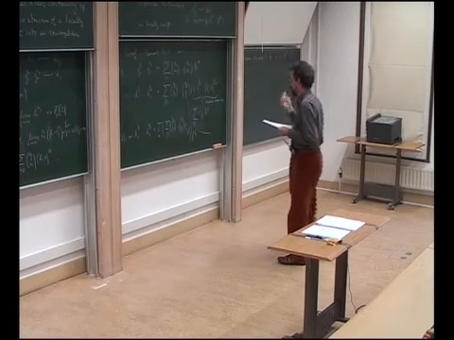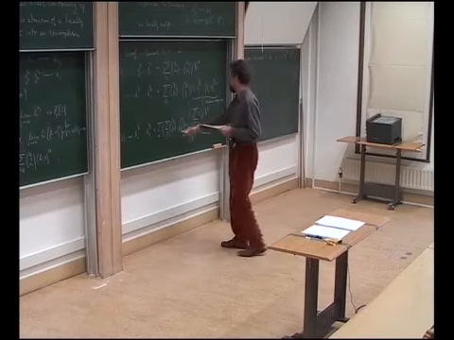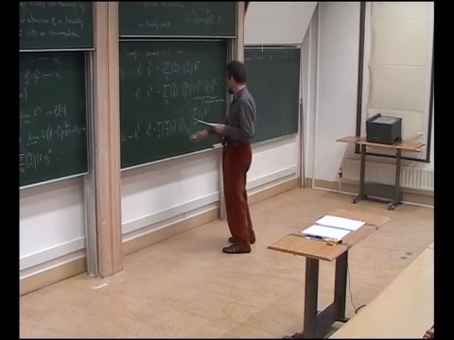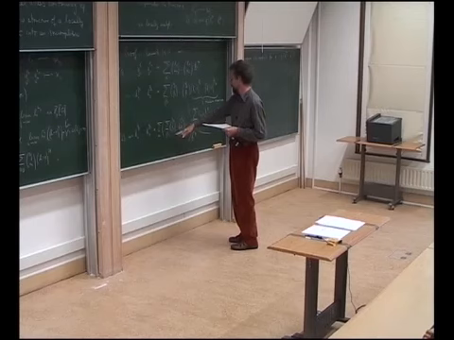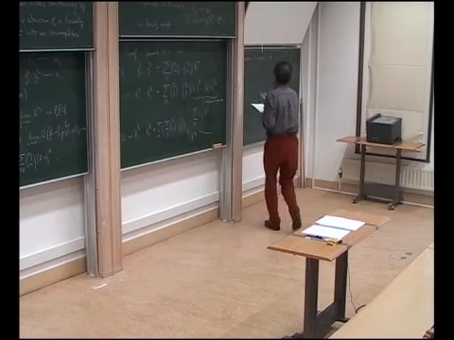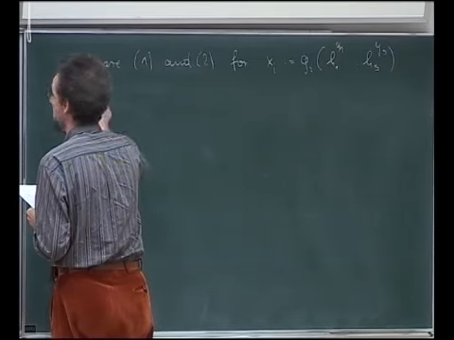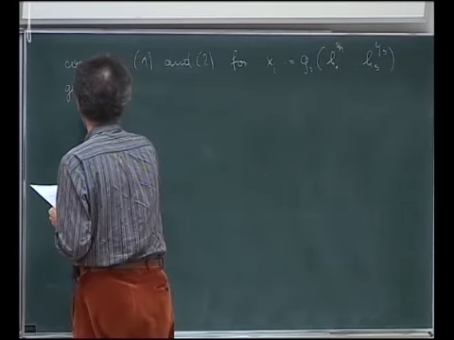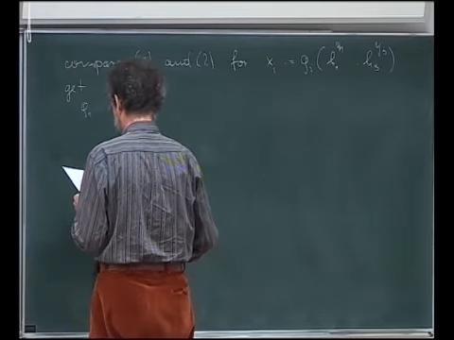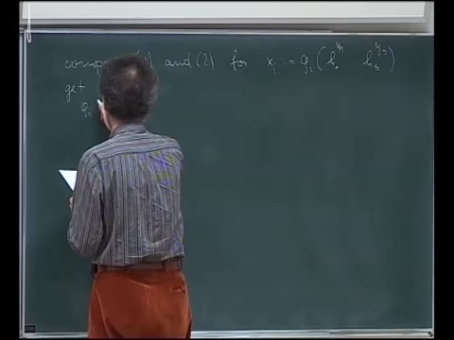Then by definition of the coordinate functions, the left sides are equal with choice of x. And so the right sides have to be equal. These expansions were unique, so the coefficients are equal.